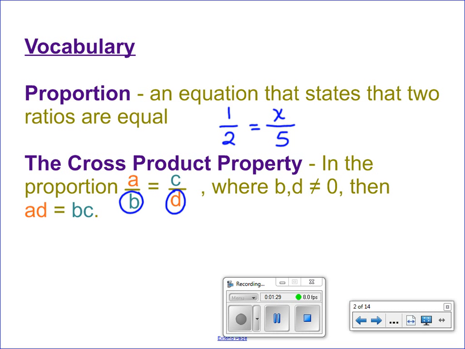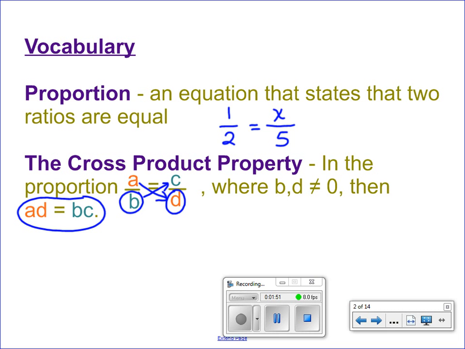Your calculators give you an error message, and in our mathematics, in our properties, they do not define division by 0. All right, so what the cross product property says is that we can take A times D, and that is equal to B times C.